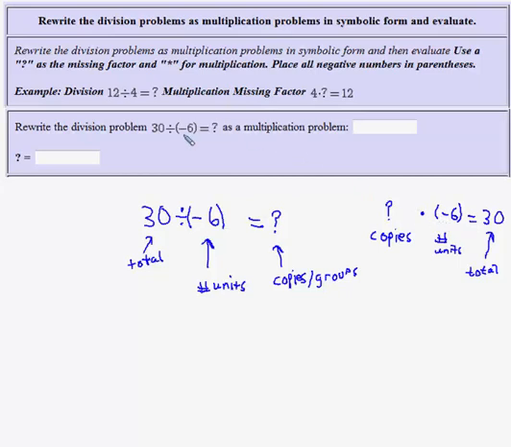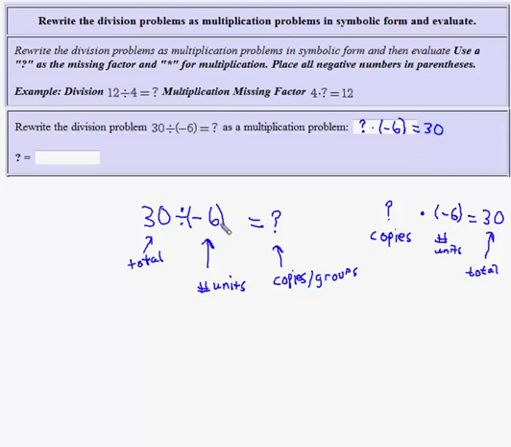The first one is actually the easier of the two in this case. 30 divided by negative 6 equals question mark can be written as, how many copies of negative 6 are there in 30? We usually write the number of copies first, but it doesn't have to be that way. So we don't know how many copies there are, so question mark times negative 6 will give me a total of 30 units.